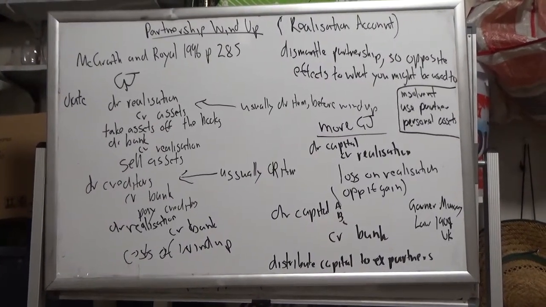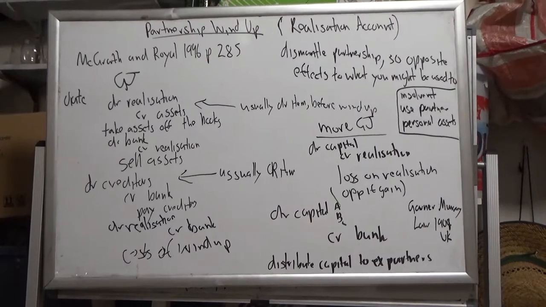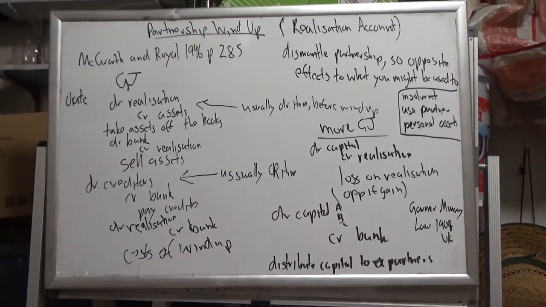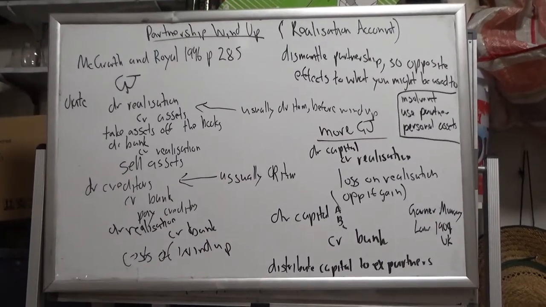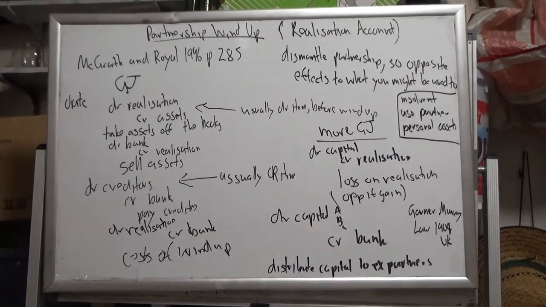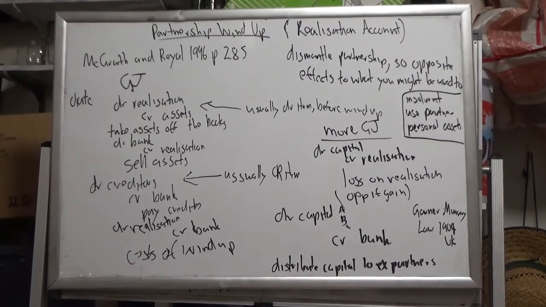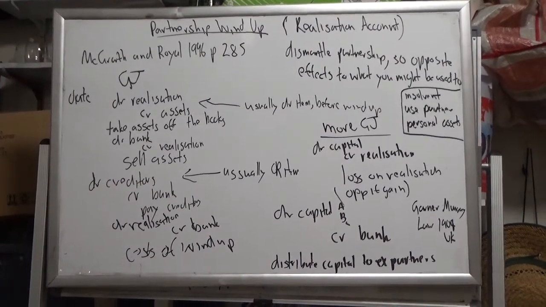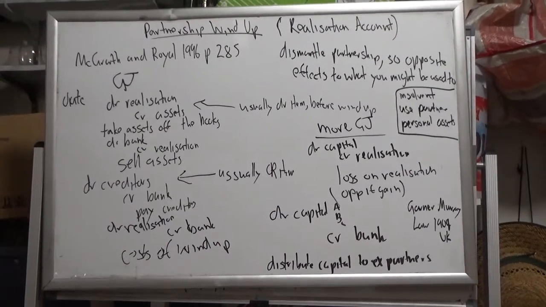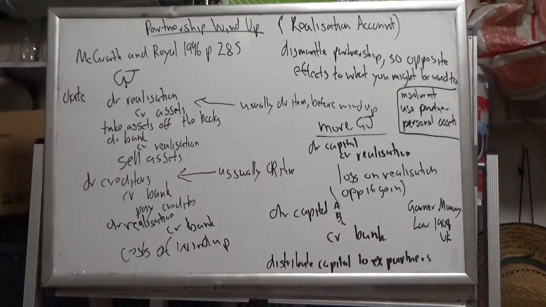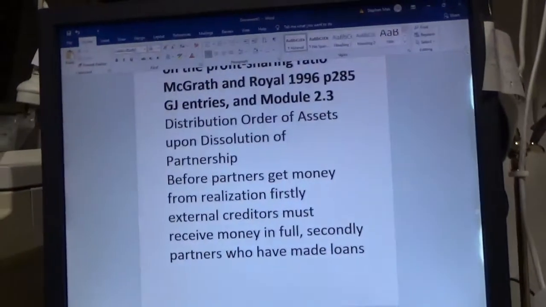And following the Garner v Murray law 1904 of UK, if one partner is insolvent, and also keep in mind that if they are insolvent, they may have to use their personal assets. If they don't have personal assets, then a partner who does have personal assets has to cover for the other partner. So that's part of the risk of partnerships.